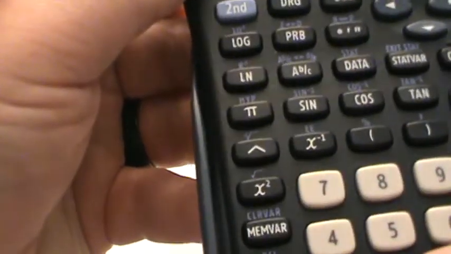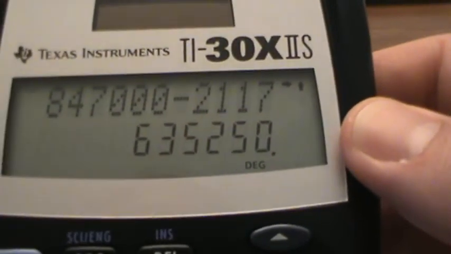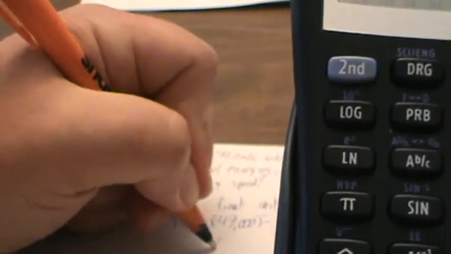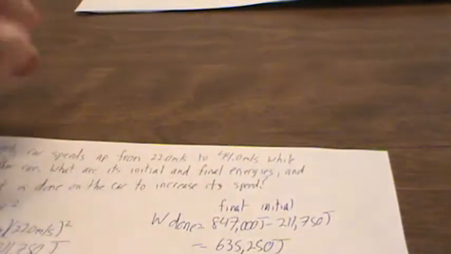And that would be how much work is done. So our work done is 635,250 joules.